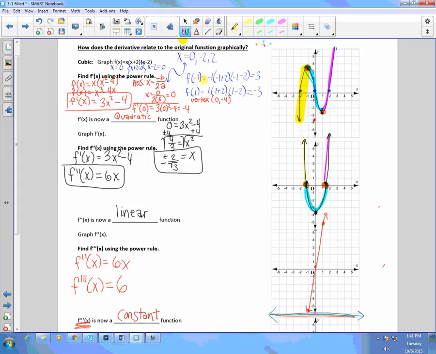I went up and I went down. So positive slope, negative slope. The derivative is slope: positive slope, negative slope. Positive numbers, negative numbers. And then here they're going down and then up. Negative slope, positive slope. So negative slope is negative, positive slope is positive.